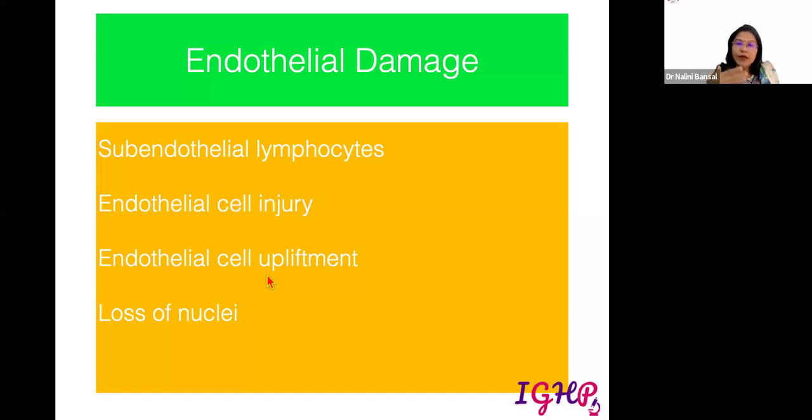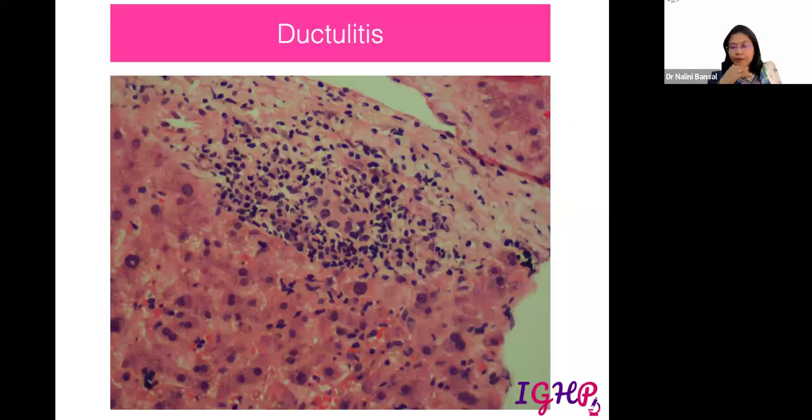They will be detached from the basement membrane and move towards the lumen. So as if they are walking towards the moon, they would leave the attachment to the basement membrane and come inside the lumen. And later on, there is complete detachment of the endothelial nuclei, and loss of nuclei would be seen from the vessel wall. So all these changes together are going to be counted as endothelial damage.